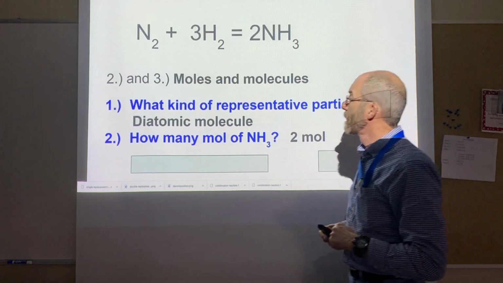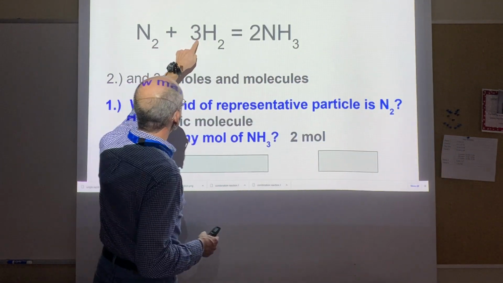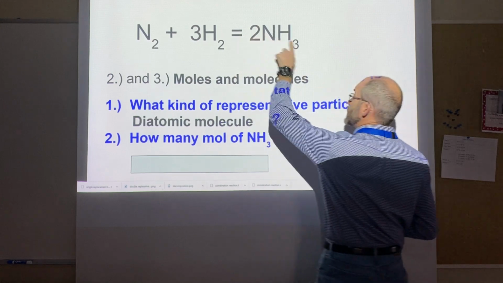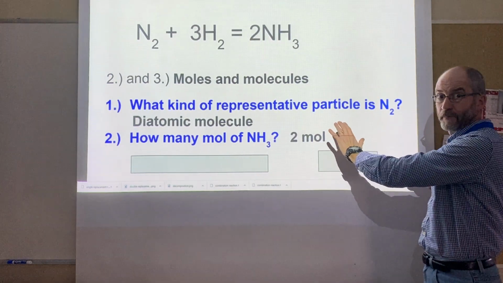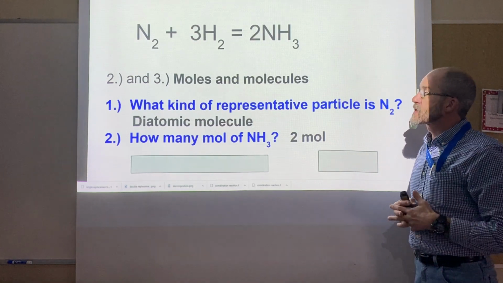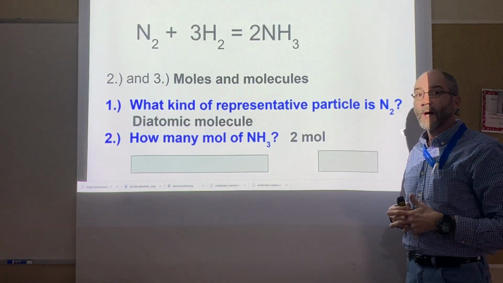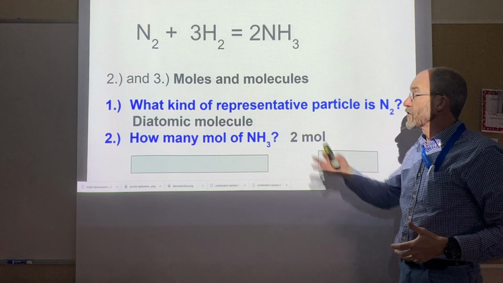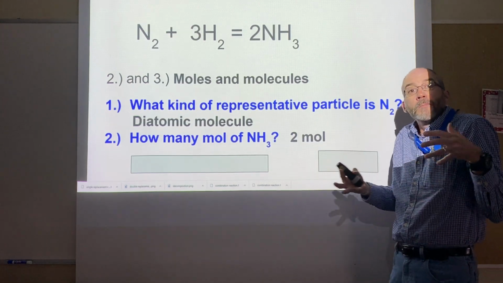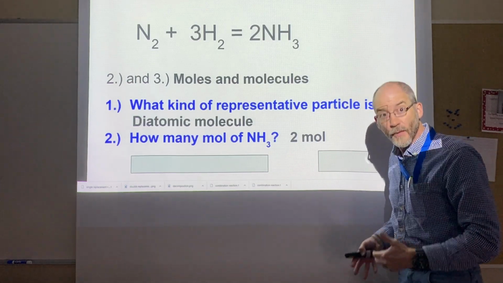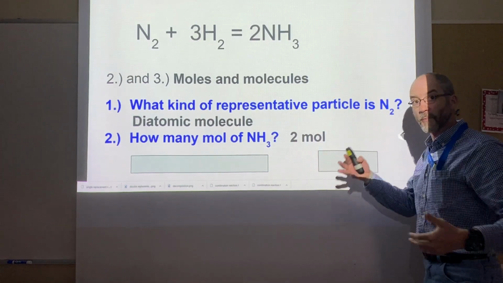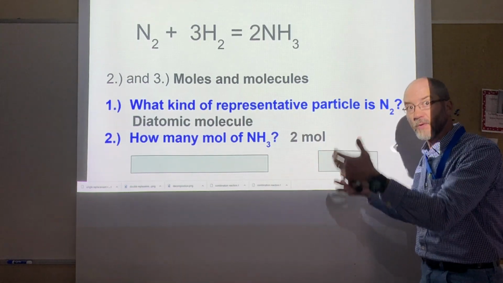So here we go. You have your N2, your 3H2, and your 2NH3. We already know that equation is balanced because we've already used it. So we look at it and we say, okay, how many molecules? Let's start with molecules. How many molecules of each do I have? And remember, we're comparing the reactants to the products in a balanced chemical equation.